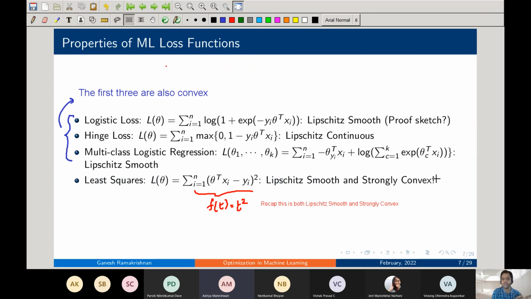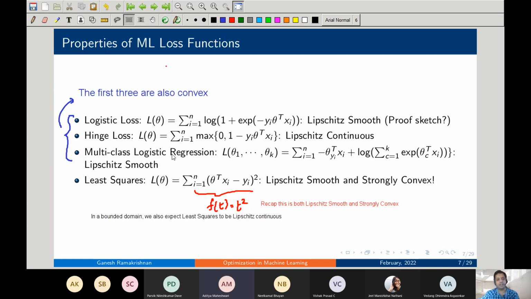Okay. So least squares is Lipschitz smooth and strongly convex. In a bounded region, I would also expect least squares to be Lipschitz continuous, which means an upper bound on the rate of change of the function.